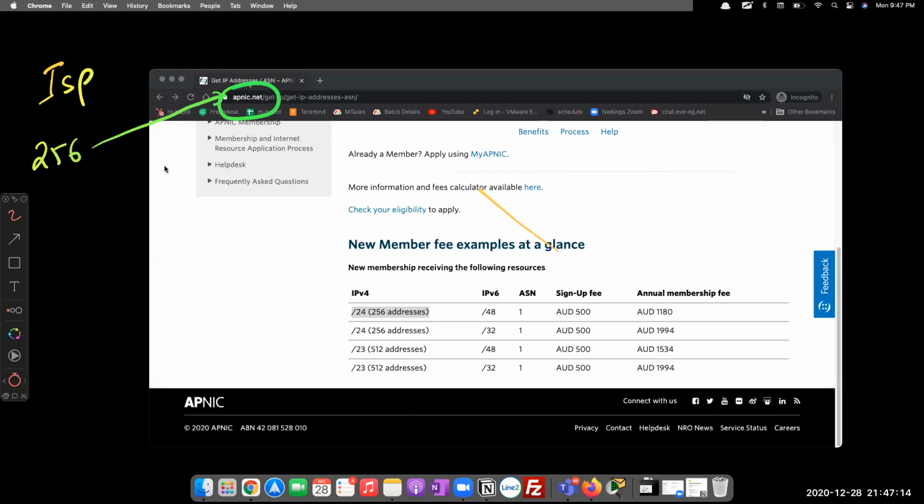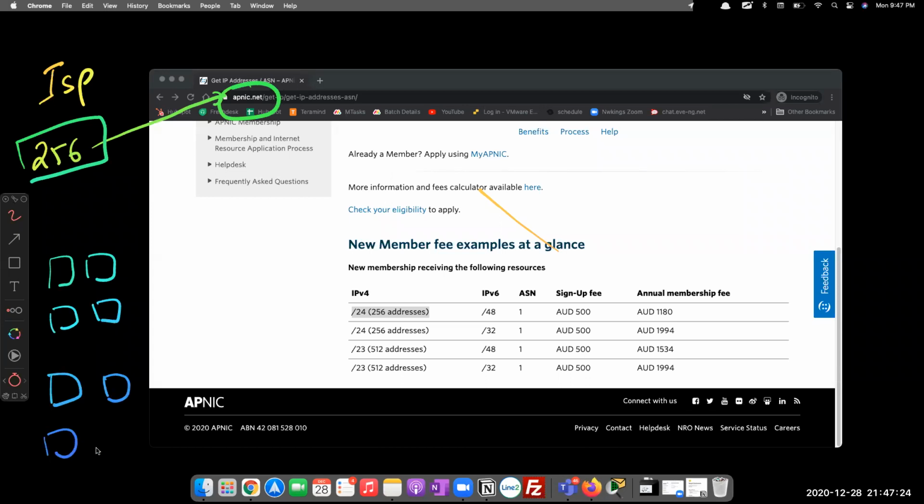Got it now? So if you have 256 addresses and a lot of servers, maybe 4 servers in Delhi, 4 servers in Mumbai, 4 servers in Hyderabad, what are you going to do? Tell me. Subnetting or not? You have to divide, right?